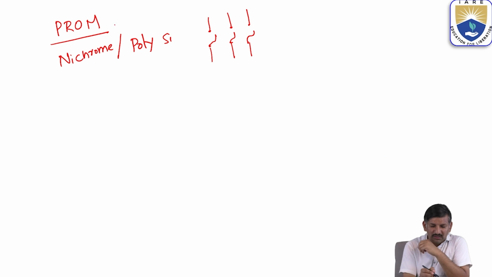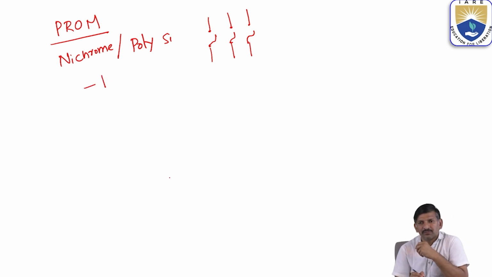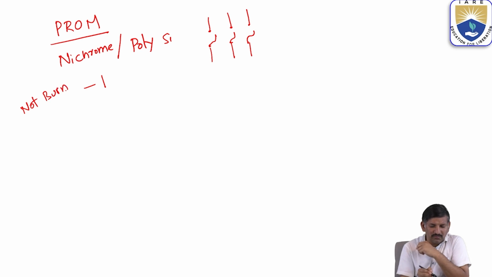So by default, this stores bit 1, because the fuses are not burned. At that time, it stores logic 1. Whenever the fuses are burned as per the data given by the customer, that stores 0.